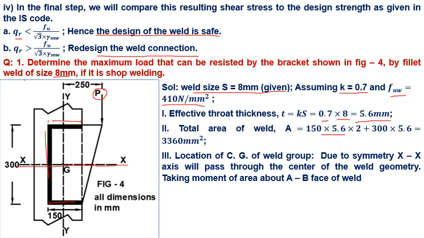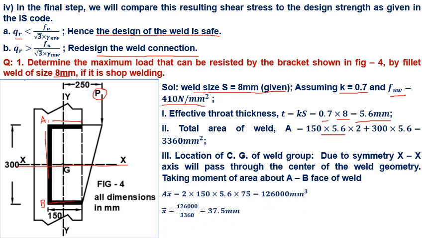Now we take moment of area about AB face of weld. This is your AB face of weld. We have to take moment about that portion.